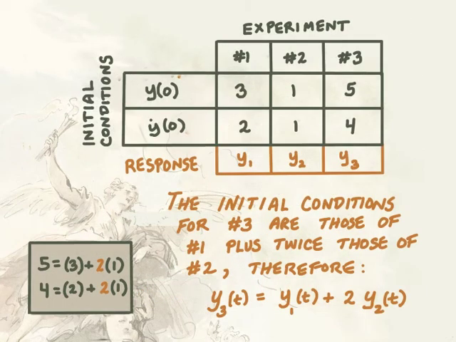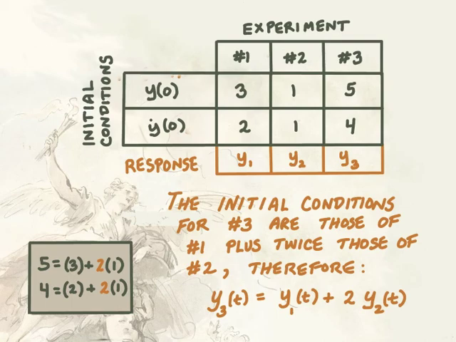Note that the initial conditions for test number 3 are those for test number 1 plus twice those for test number 2. This is illustrated in the little box in the lower left. The initial condition for y in test number 3 is 5, and that is equal to 3, the initial condition in test number 1, plus 2 times 1, the initial condition in test number 2.